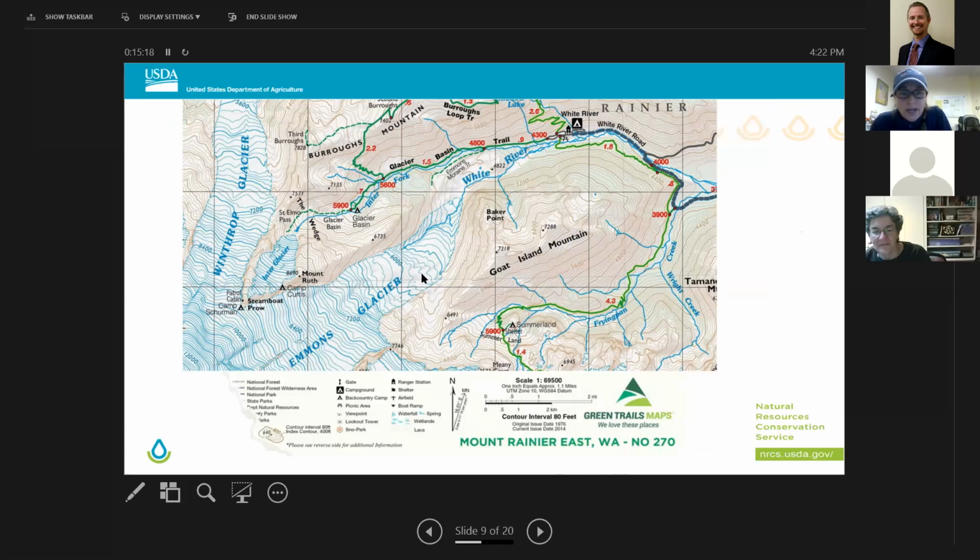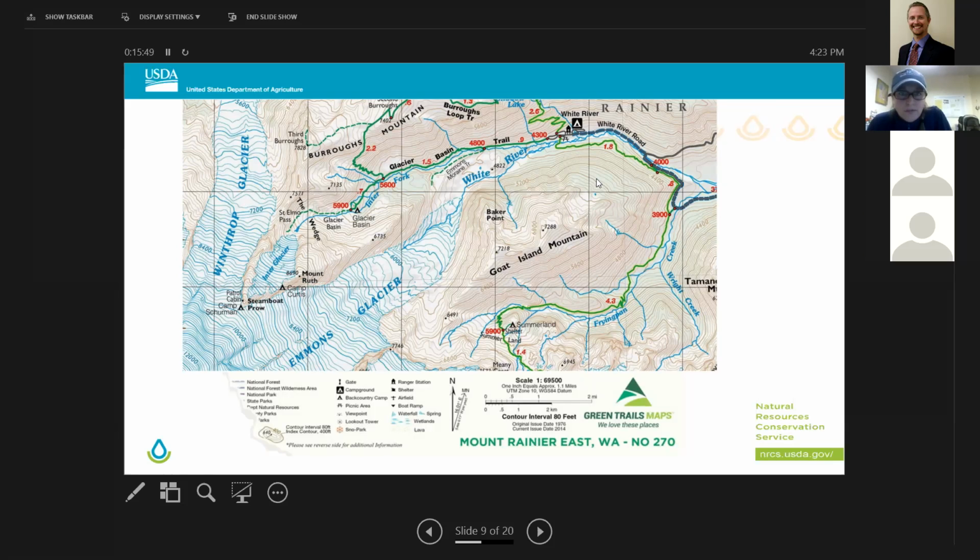It has a lot going on here. So hopefully I'll throw out some questions and we'll see if you guys can answer them. So here we have the glacier coming down. Does anybody remember what the blue lines represent? You can throw it in the chat. A river or, yep, water?